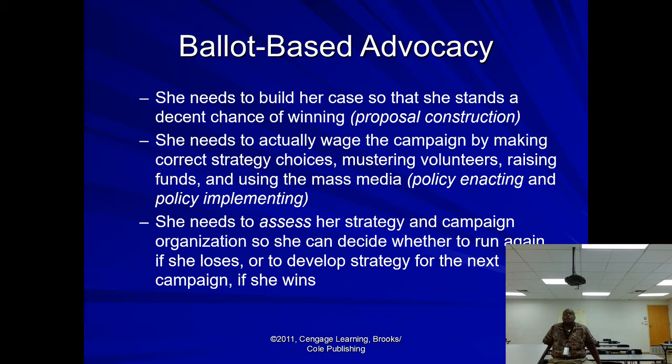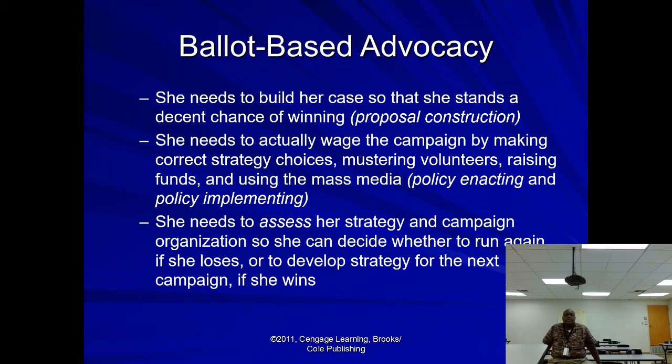This is proposal construction. She needs to actually wage the campaign by making correct strategy choices, mustering volunteers, raising funds, and using the mass media. Policy enacting and policy implementing, that is what this is.